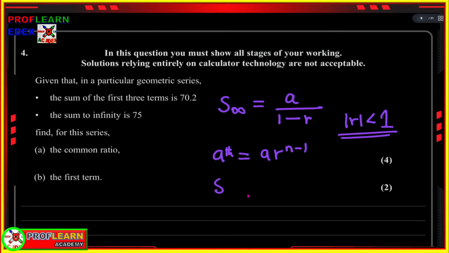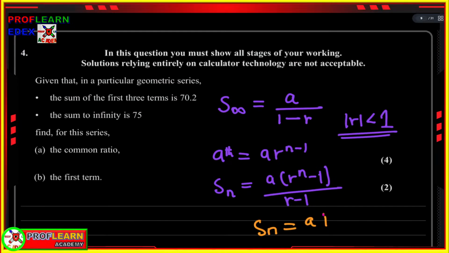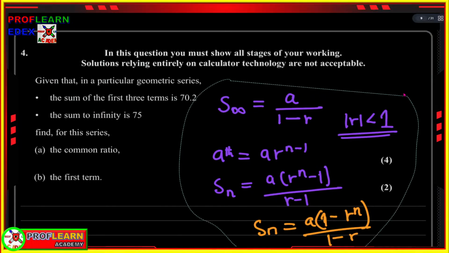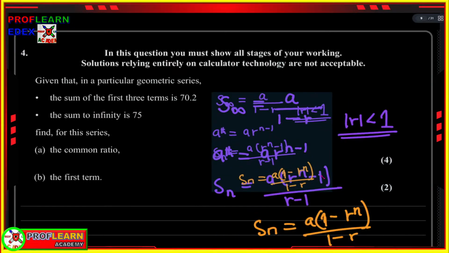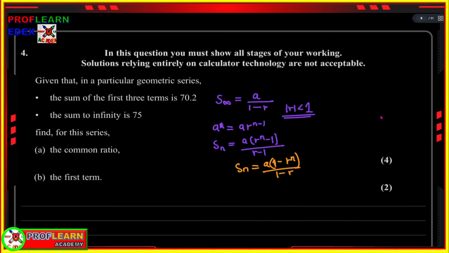And the sum of n terms is either a into r^n minus 1 over r minus 1, or the other formula, a into 1 minus r raised to power n, over 1 minus r. So those are the formulas that we learned in this topic for geometric progression and series.